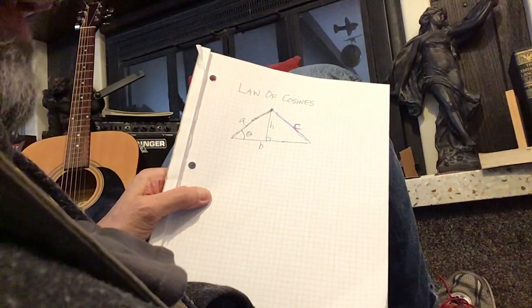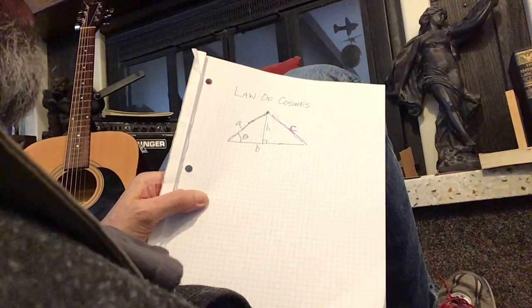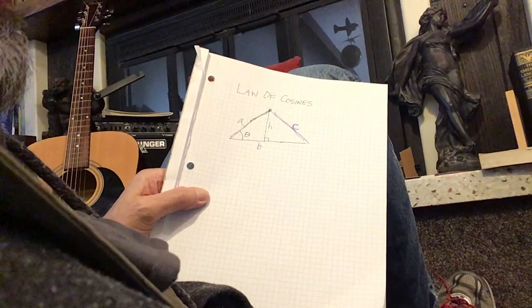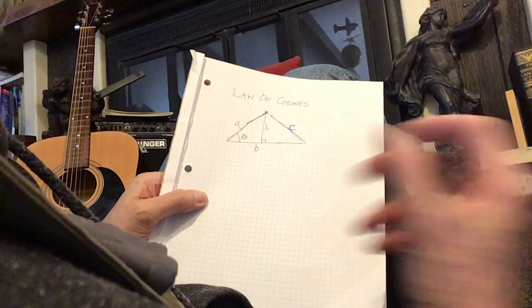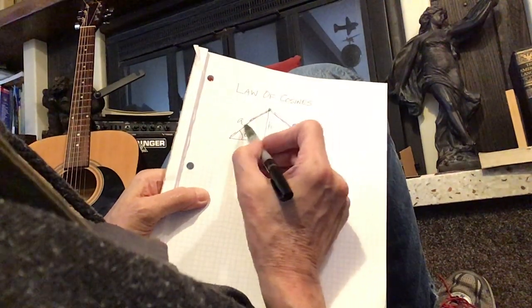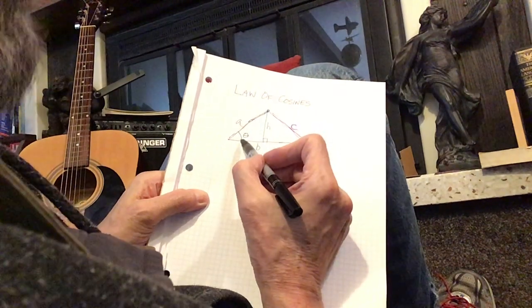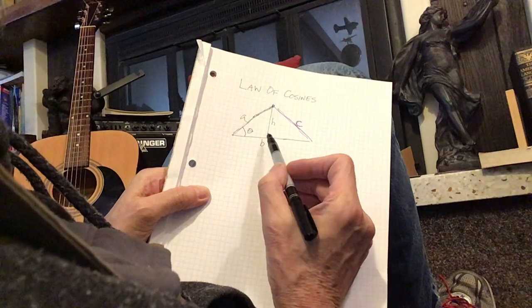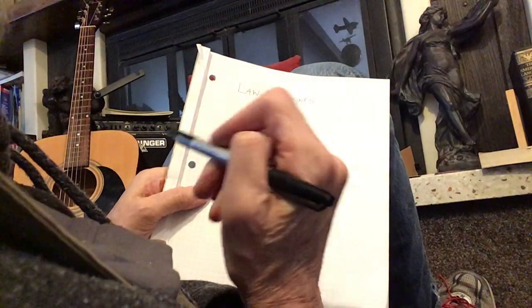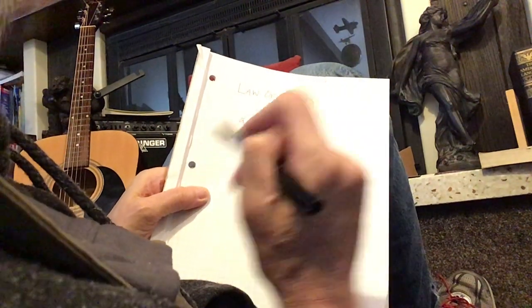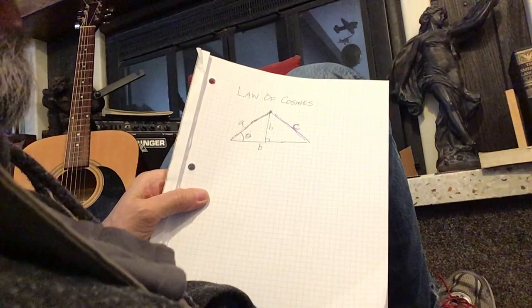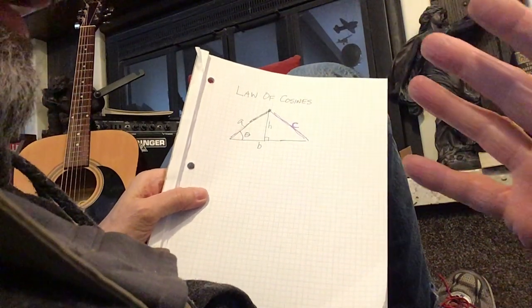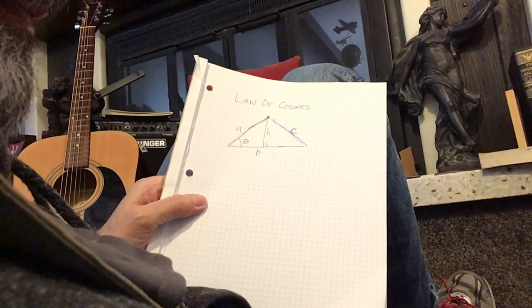The first and most important thing you can notice is that that segment is part of two different right triangles. One is the one on the left that includes the angle theta, and the other is the one on the right, and you can see that they're right triangles. That's going to give us a way to find a formula because we can express h two different ways.